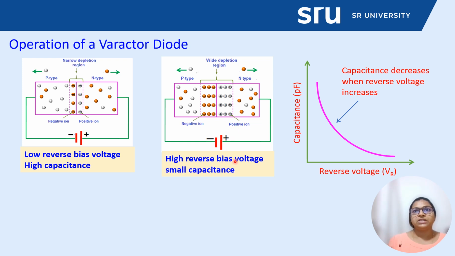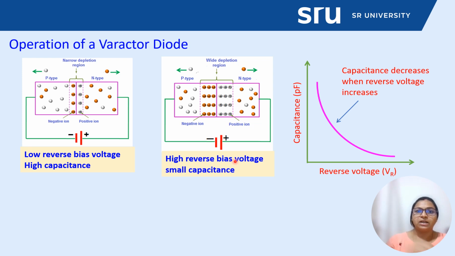So the capacitance decreases as the width of the depletion region increases, and we can summarize it as: if the reverse bias voltage is increased, the width of the depletion region further increases and the capacitance further decreases. Or if the reverse bias voltage is reduced, the width of the depletion region decreases and the capacitance increases.